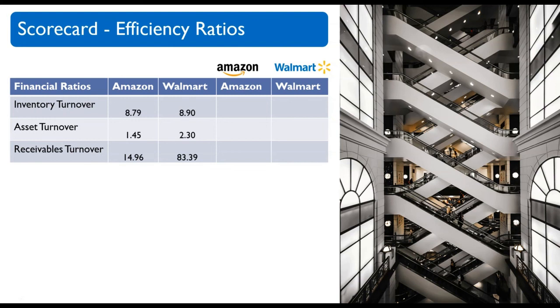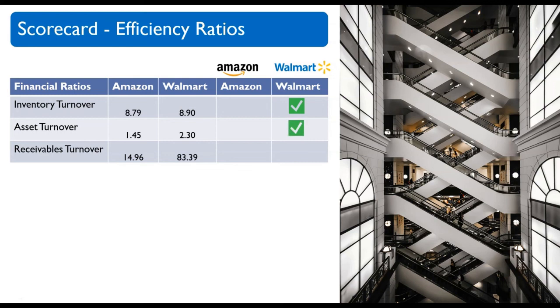So in this case, Walmart has the slight advantage with its inventory turnover ratio. Next, we saw that Amazon had an asset turnover ratio of 1.45 versus 2.30 for Walmart. So in that case, Walmart has the advantage for the asset turnover ratio.